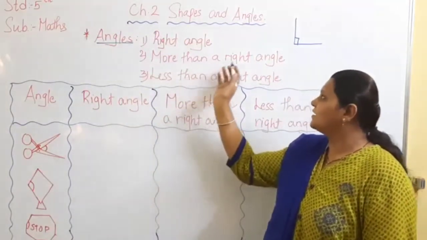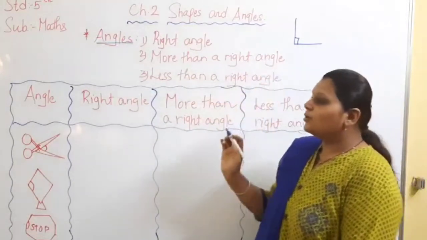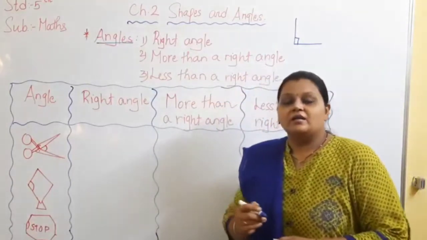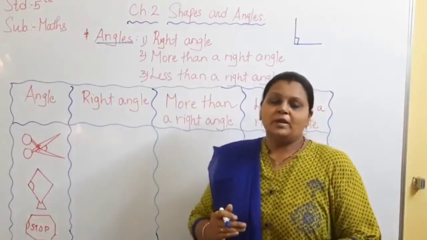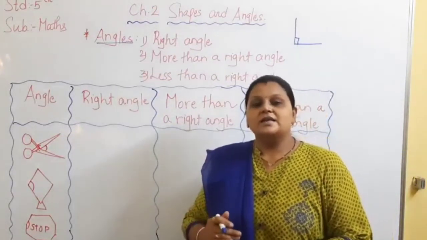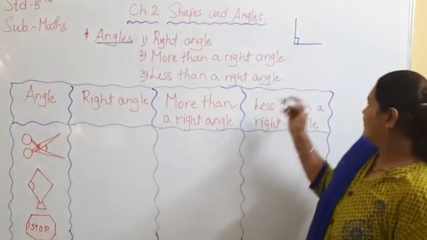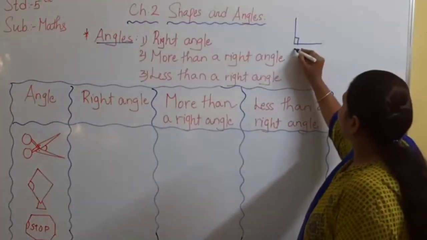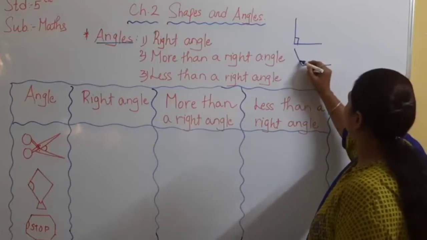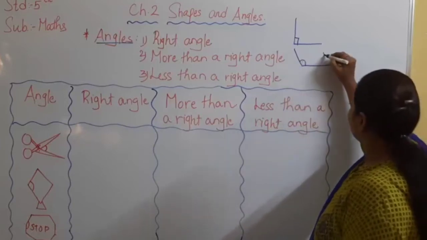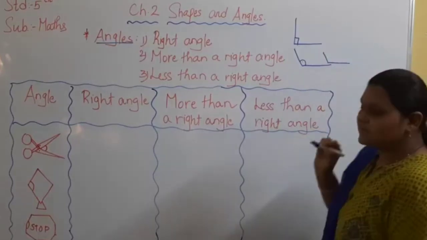Second, more than a right angle. More than a right angle means an angle which measures more than 90 degrees. Okay, 90 to 180 degrees is called more than a right angle. We can draw the shape of a more than right angle somewhat like this. It can be like this also.